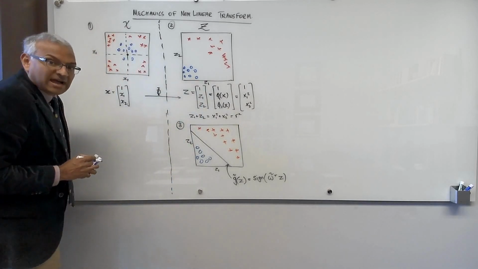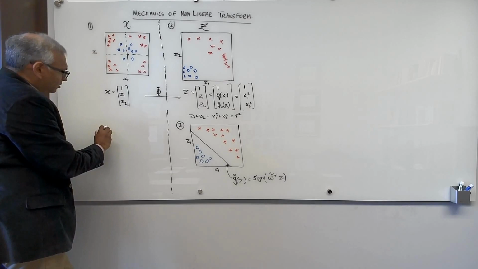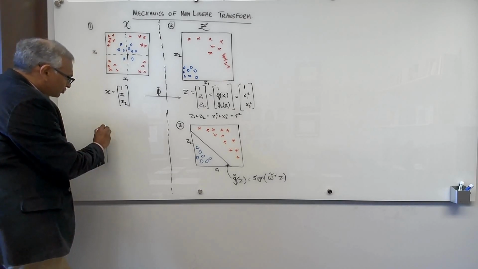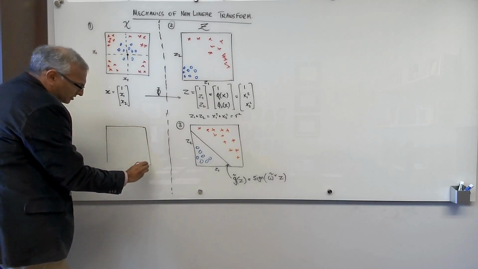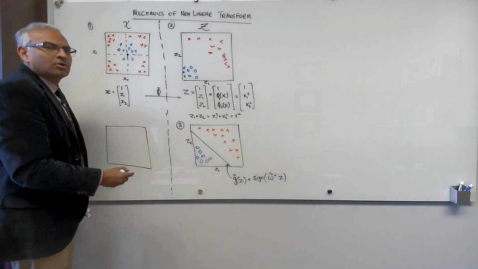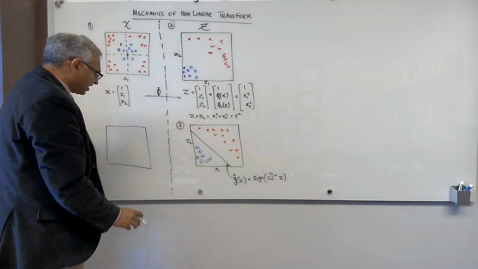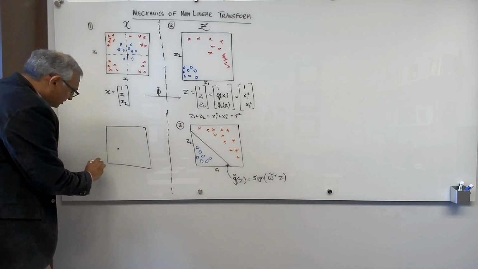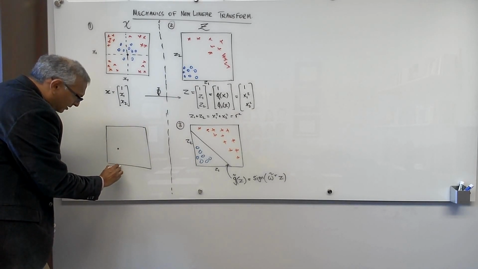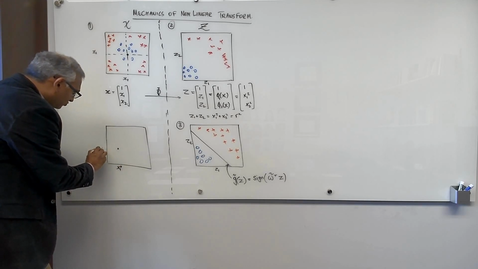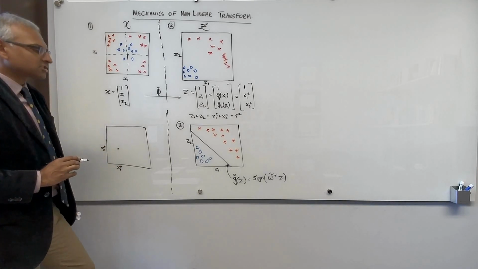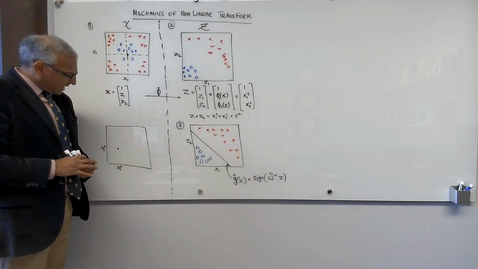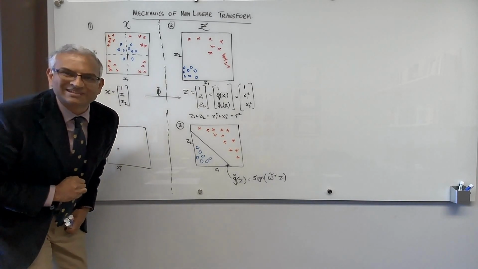But when your client needs to use your final hypothesis, they don't know anything about this Z space. So the test point comes, x1 star, x2 star. The test point comes, and it's in the original space.